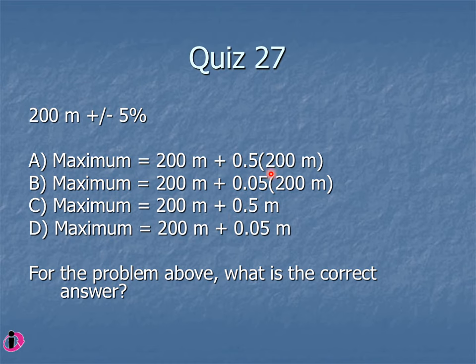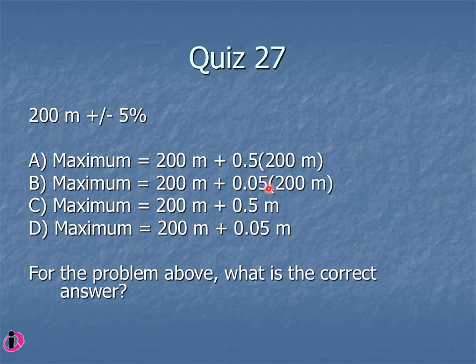Sometimes you can do the complete thing in the same formula, because this is your base, and you multiply by the percentage, which is 5%, or 0.05, to get the nominal value, and that is added to get the maximum. So the right answer is B.